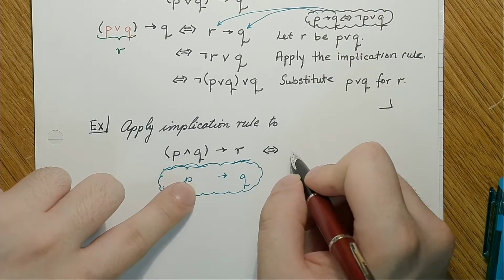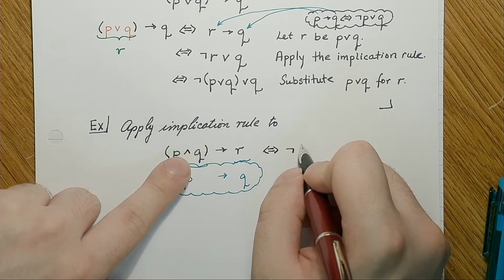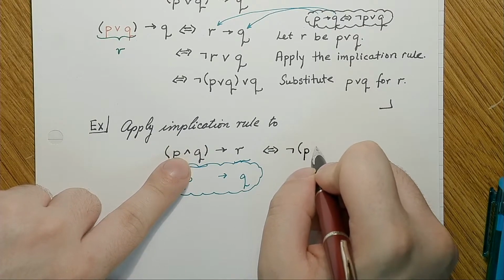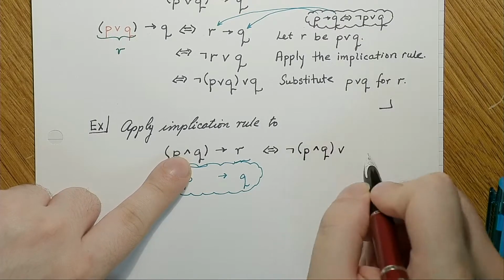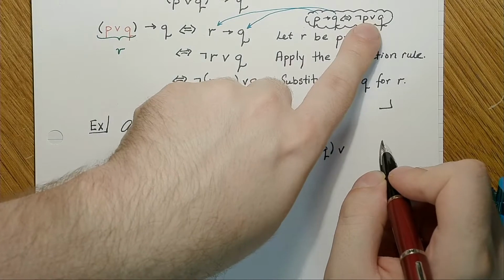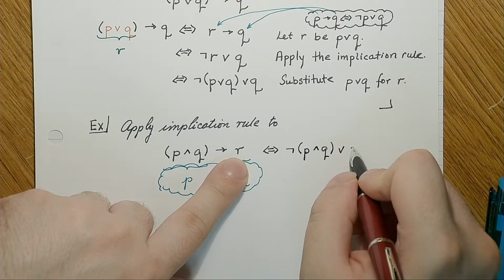So again, it's not P, so it's not this one, or, which is what we have here, the Q, and in this case it's the R.